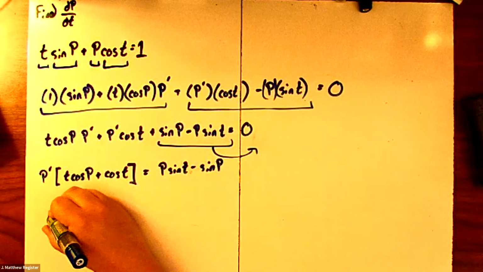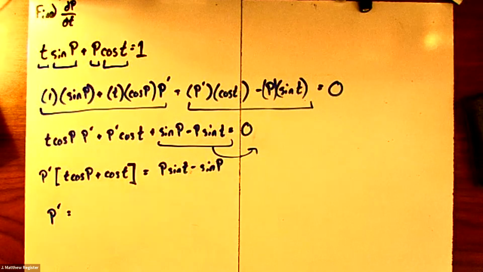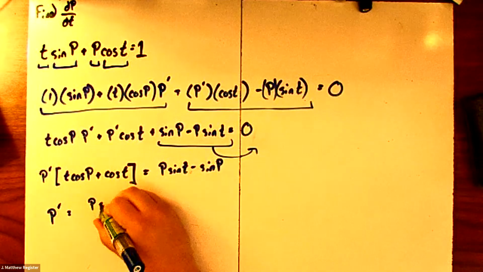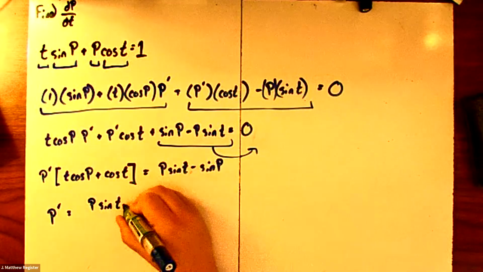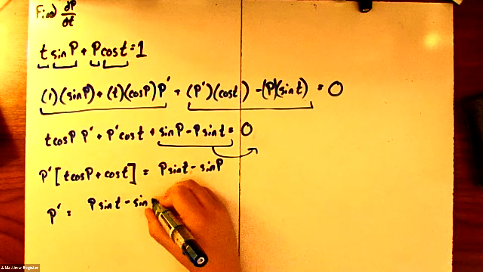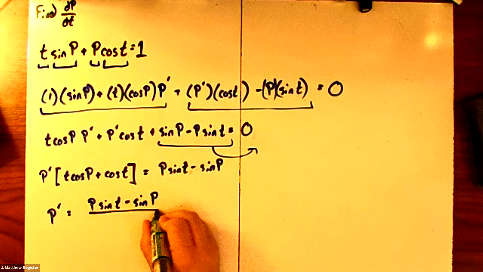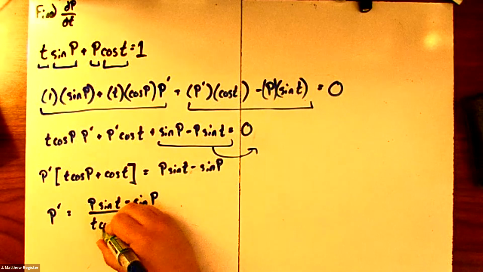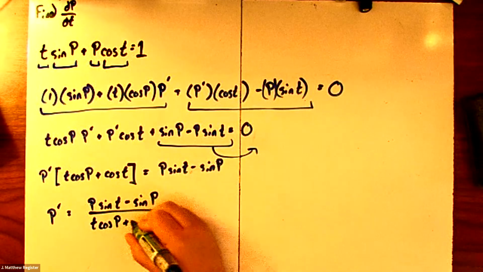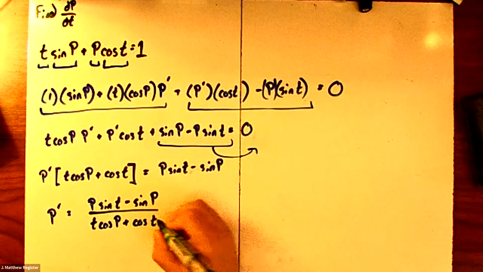Dividing now, we get p prime equal to p sine of t minus sine of p over t cosine of p plus cosine of t.